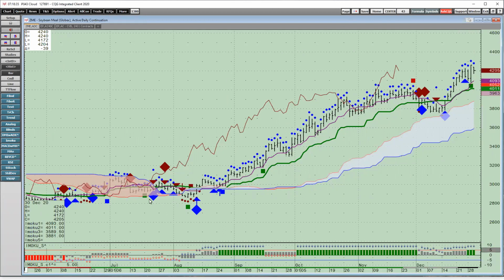What we want to talk about today is, and this is a chart that I made up for the cloud, the Ichimoku cloud. It's made up of five indicators, and we're going to define them first individually, and see how they fit.